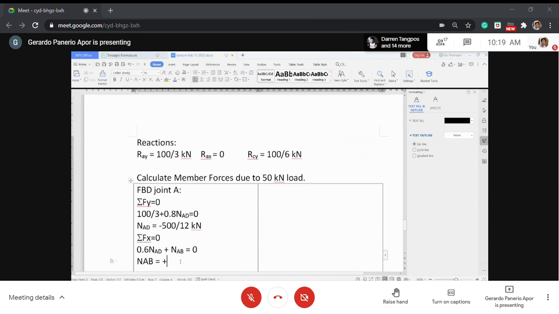So N_ED is 500 divided by 12 divided by 26, 69.44, or that is 500 over 12 times 5 over 3.